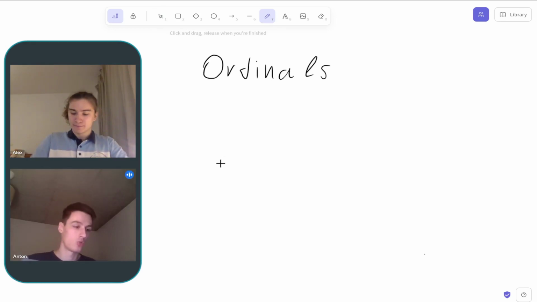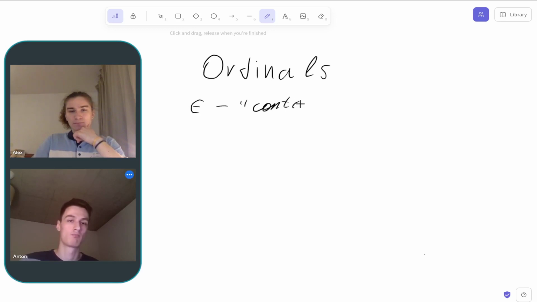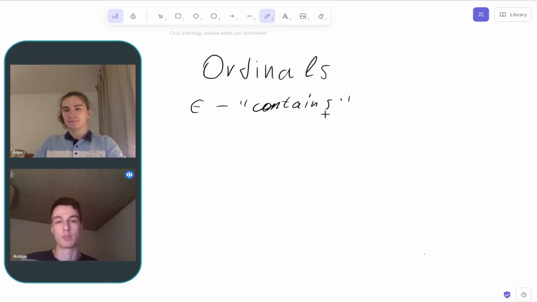Okay, so let us continue with ordinals. We didn't even start with them. But before I do that, I need a notion of contains. This symbol is read like contains. We usually want to talk about which elements the set contains when we are talking about sets, right?